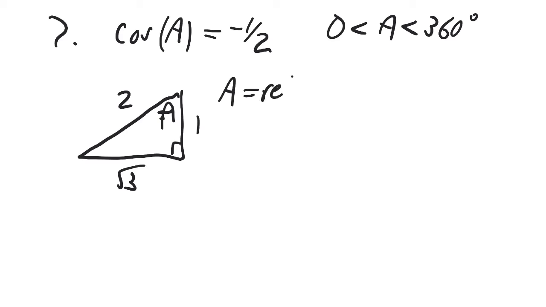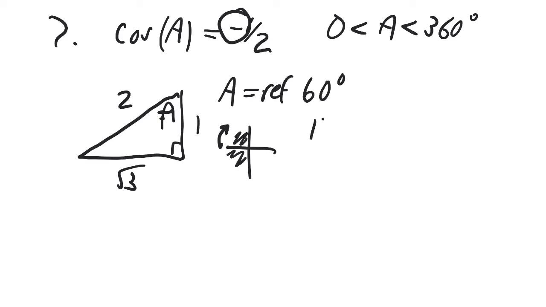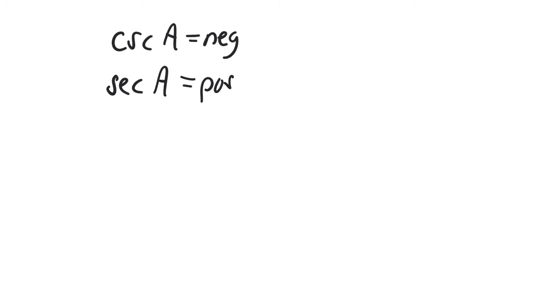So the reference angle is 60 degrees, but it has to be negative. Well, cosine is negative in the second and third quadrants. So that would be 180 minus 60, or 120, and 180 plus 60, which would be 240. Those are the two answers to that question.